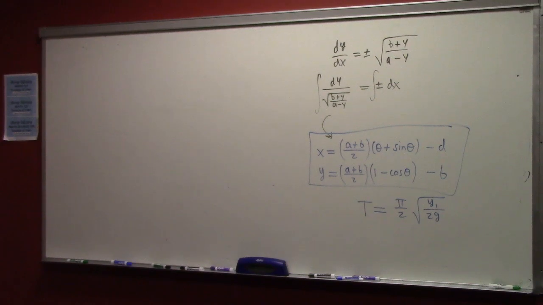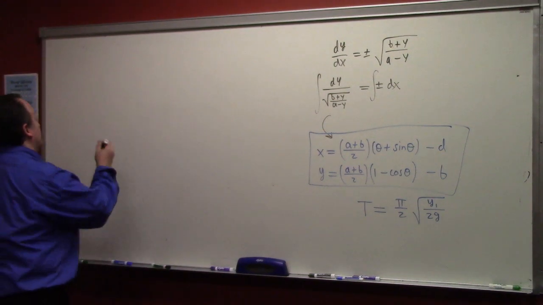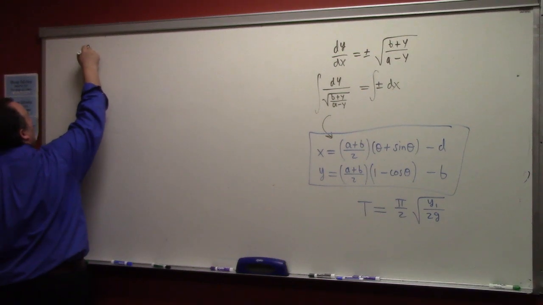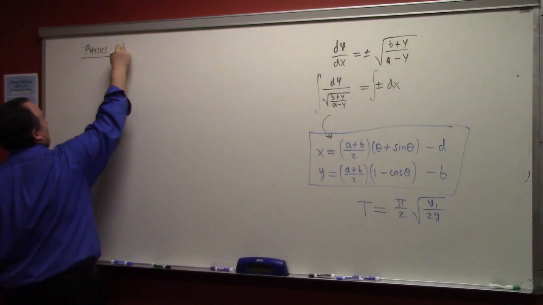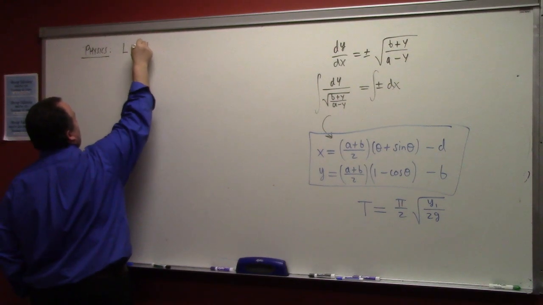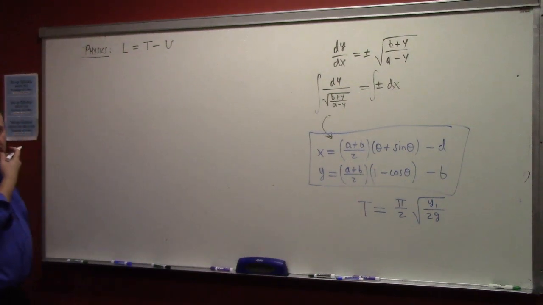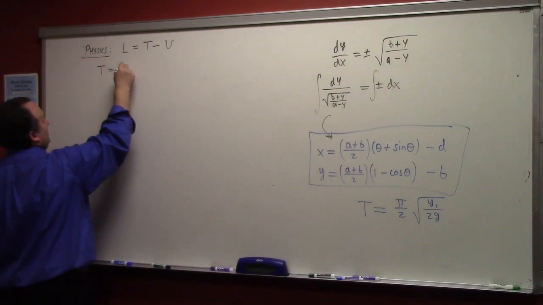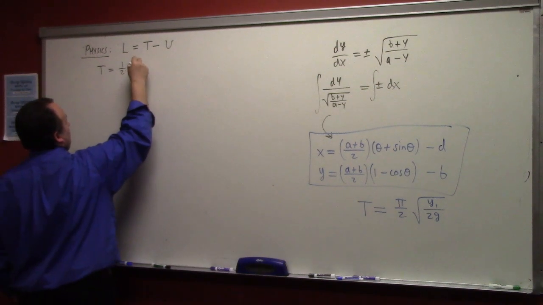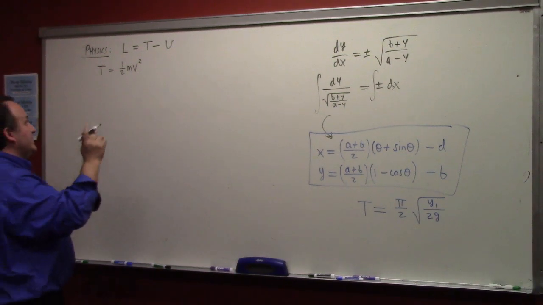All right, so in physics, for the Lagrangian, we use the kinetic energy minus the potential energy. The kinetic energy, T, is 1/2 mv squared for a single particle, all right? And for a single particle, we have options.